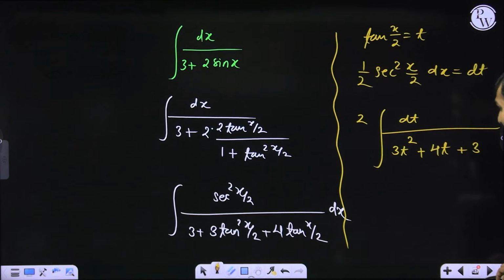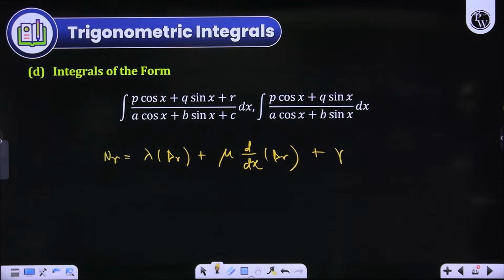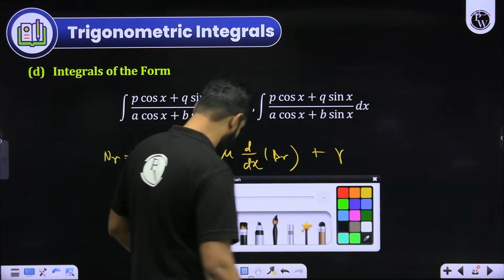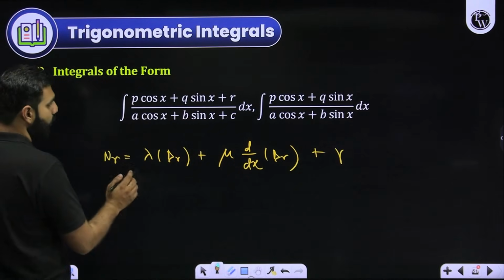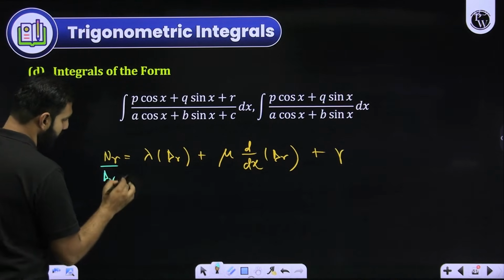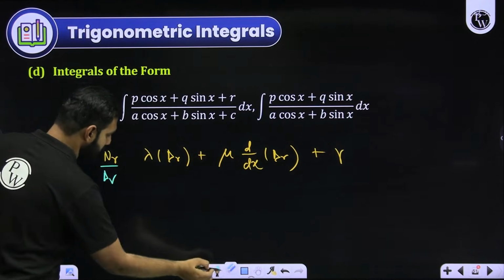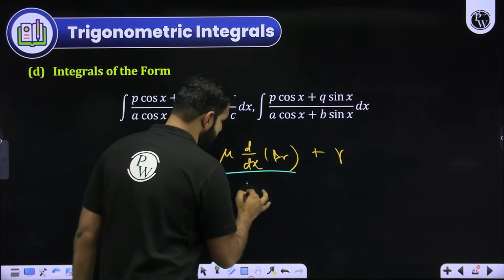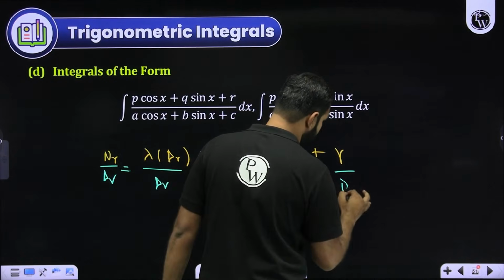So I think we have had great clarity on all that needs to be done. I repeat this part if you have gotten confused. First of all, the numerator will get replaced by this upon denominator. So numerator upon denominator becomes this upon denominator plus this upon denominator plus this upon denominator.